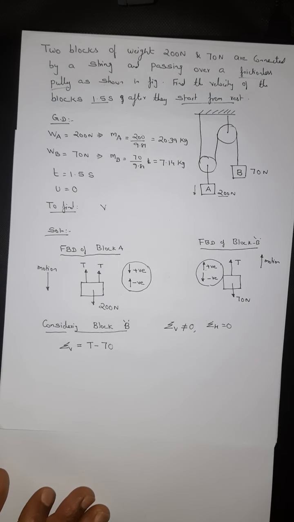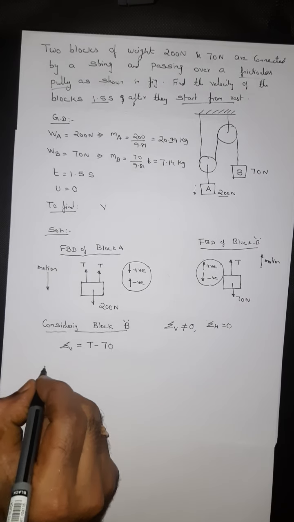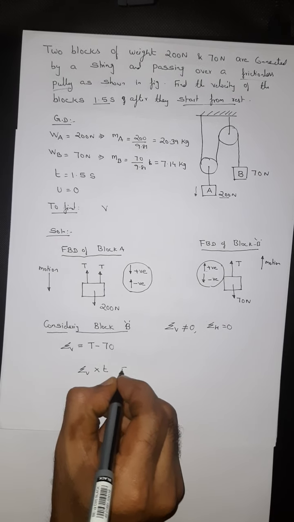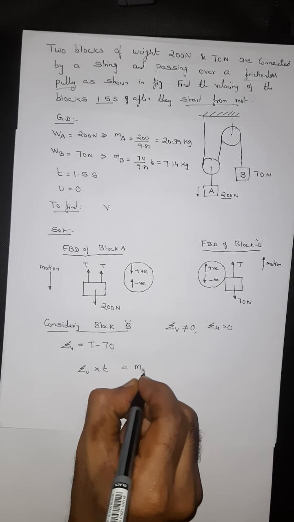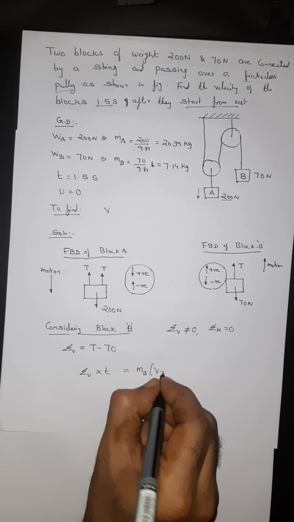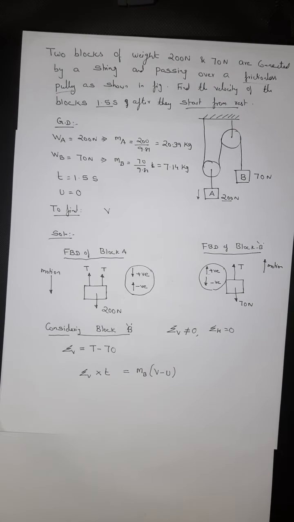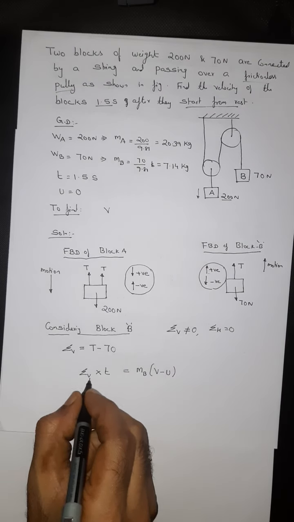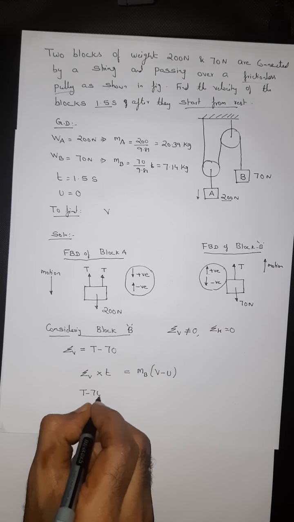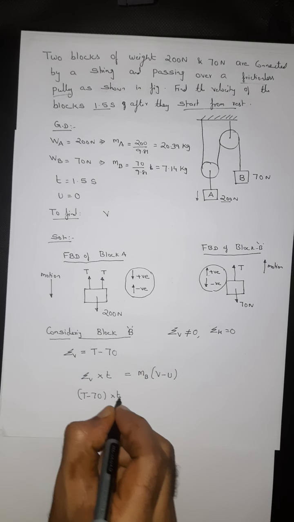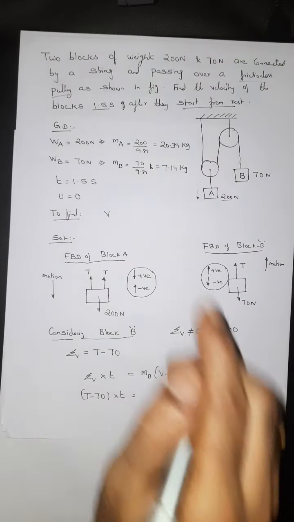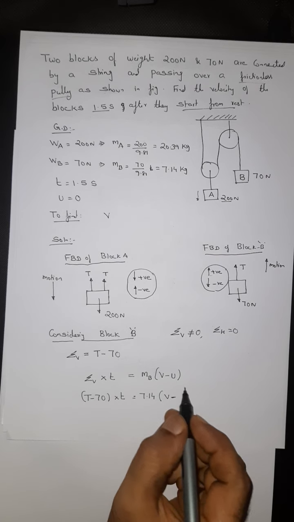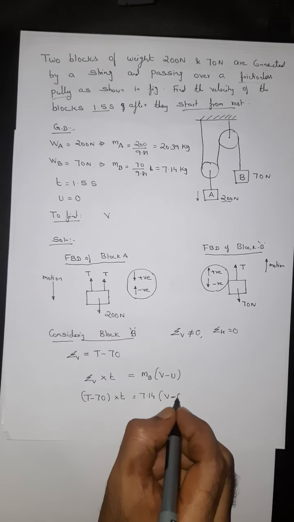By using the impulse momentum, the formula is summation V into t equal to mass of B into V minus U. So summation V is T minus 70, into t. Mass of B is 7.14. V minus U is V minus 0.